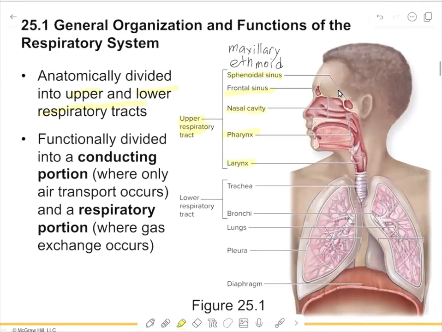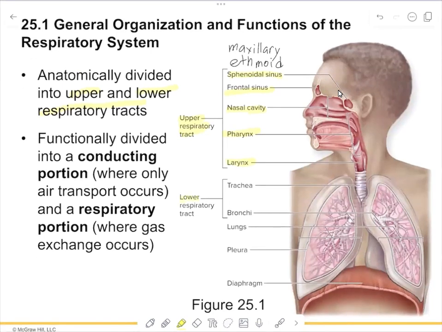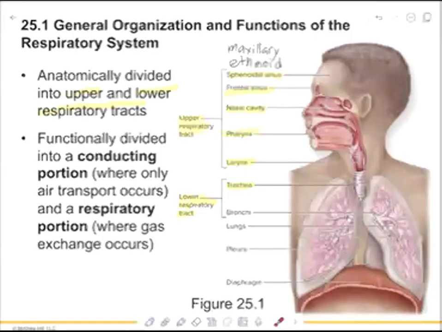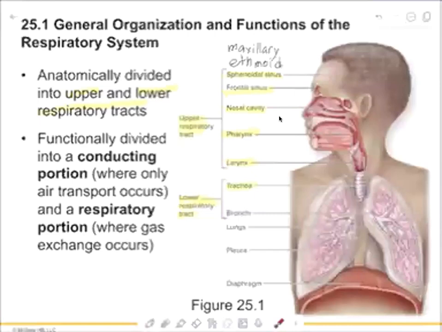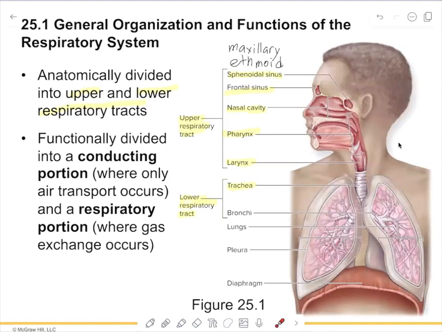The lower respiratory system begins with the windpipe, which is anatomically referred to as the trachea. Once it splits at this area, the trachea bifurcates or divides, and it then becomes the primary bronchi.